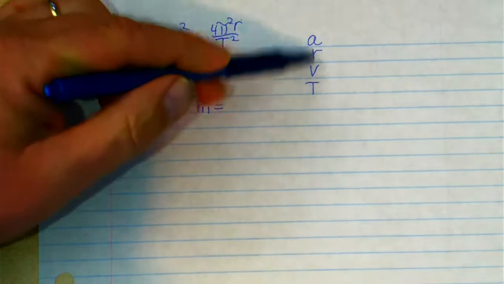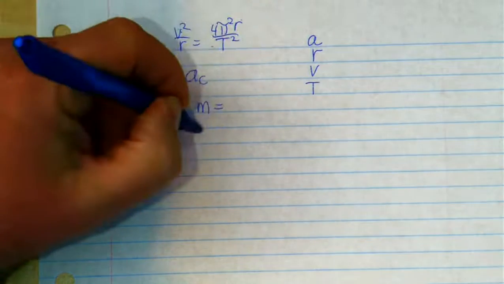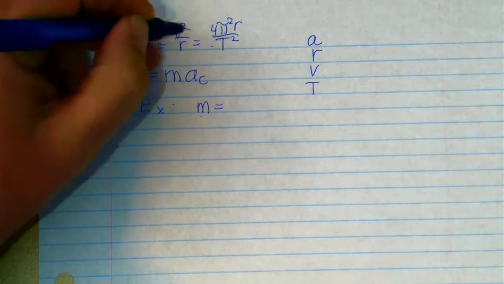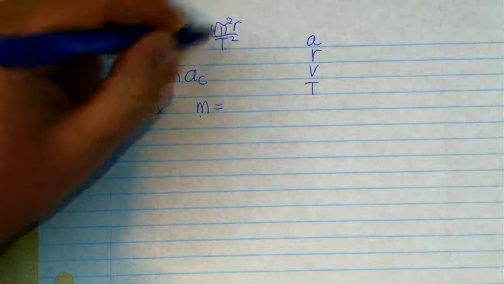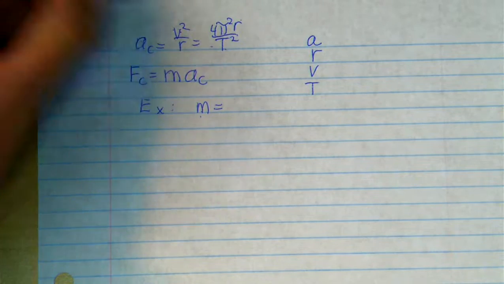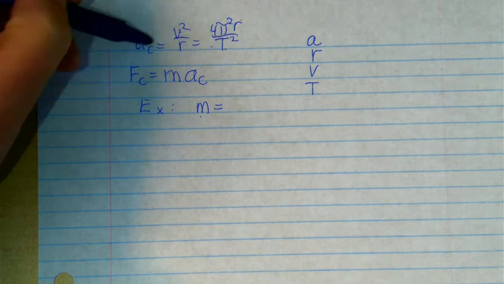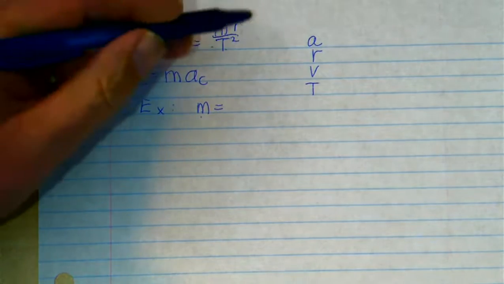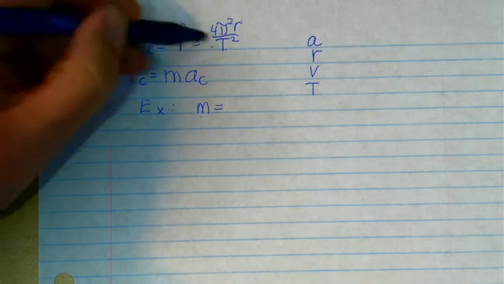So let's randomly say, suppose I have the speed. See, what we don't want is to say that we have the speed and the period. That just isn't what we're set up to do. So either acceleration and speed, or acceleration and radius, or acceleration and period, but not the other combinations.